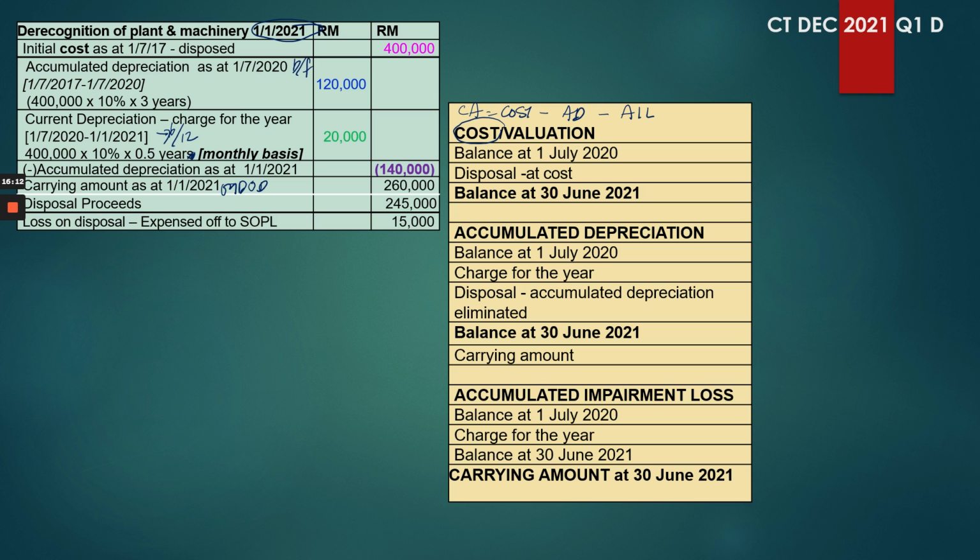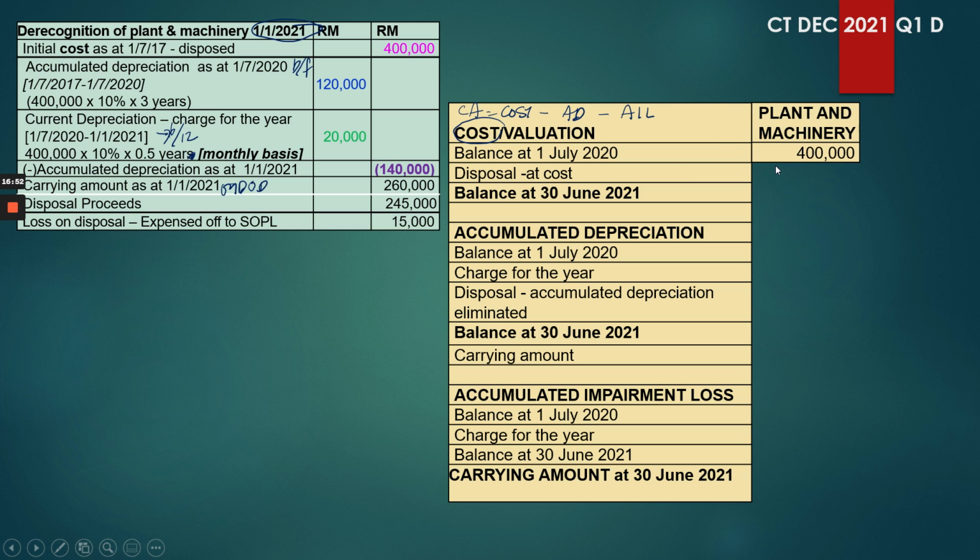So accumulated impairment loss, or AIL, I have used the short form there. The same as you do for your accumulated depreciation, you will be doing that for accumulated impairment loss. What is the balance at the beginning of the year? Of course, no balance, because this is the first impairment of an asset that has been done by the company. Charge for the year means how much is the impairment loss. You need to calculate that, and what is the balance at the year end, 30th of June 2021. But this is not for the recognition of plant and machinery. This will be for the next asset. But we just prepare the template first.